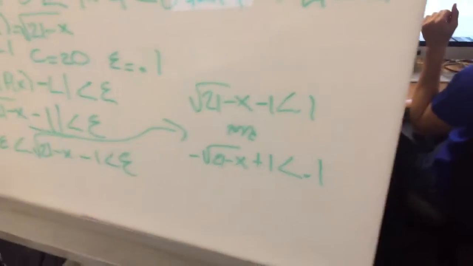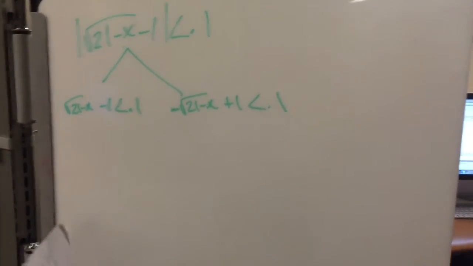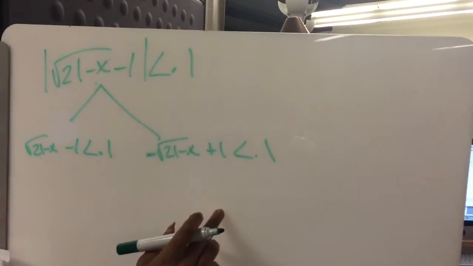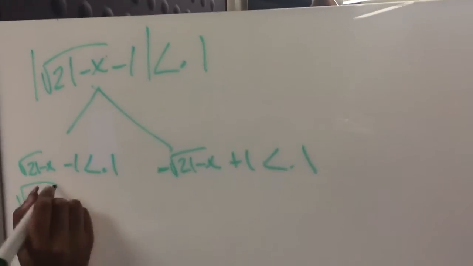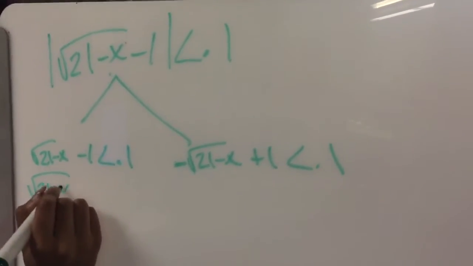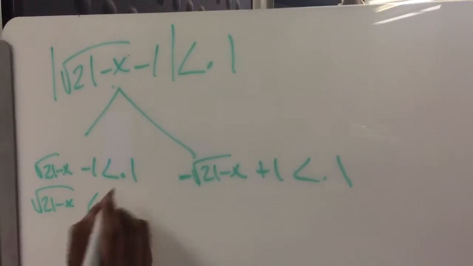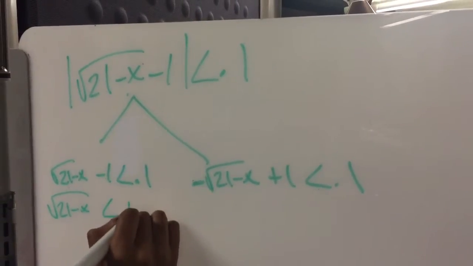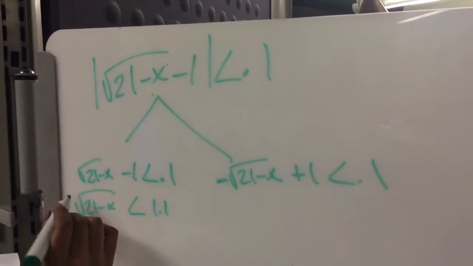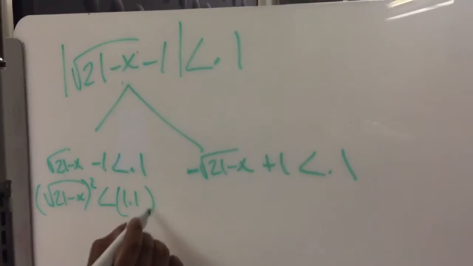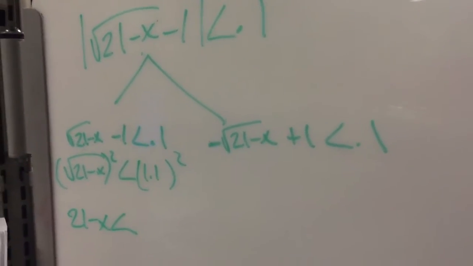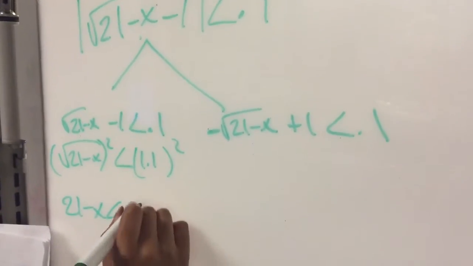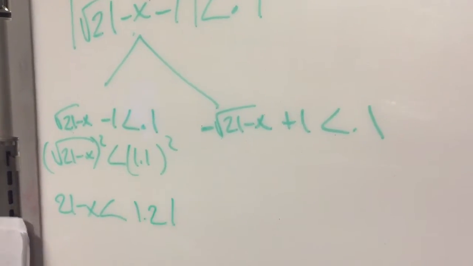Okay, stop there. From here, on this problem, we're going to add 1 to the other side, and you'll have the square root of 21 minus x less than 1.1. So then we're going to square each side, and you'll get 21 minus x is less than 1.21.